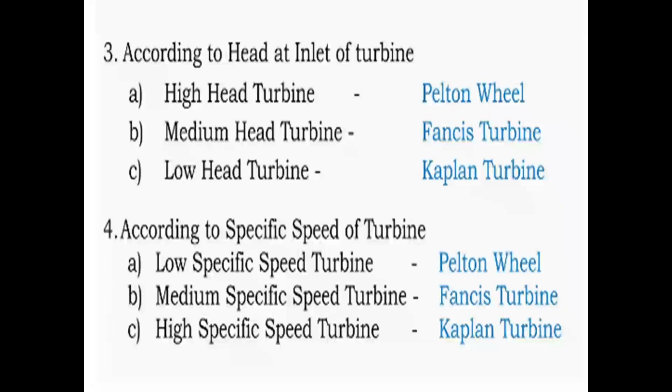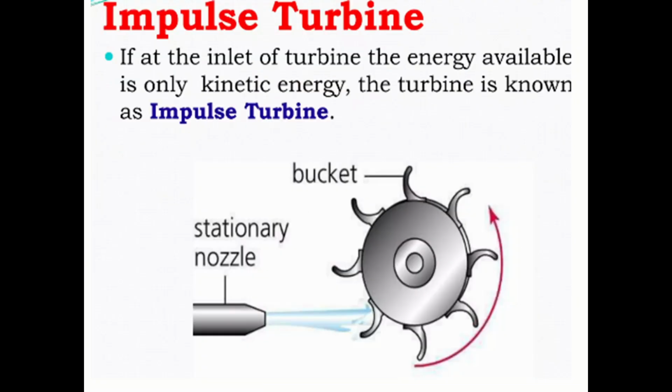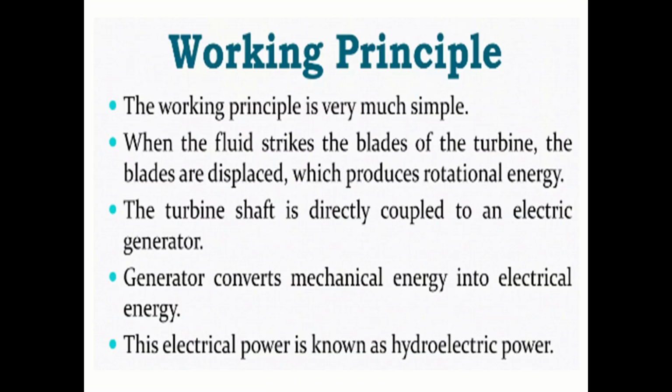You should not forget. Okay, so I'll just give one important thought to remember. Impulse turbine is because of the impulse developed by the hitting jet on the blades. Reaction turbine is because of the pressure difference between the outer chamber and the inner chamber.